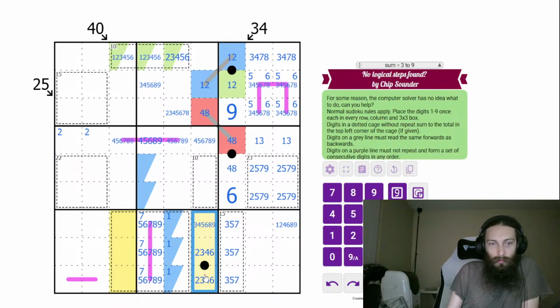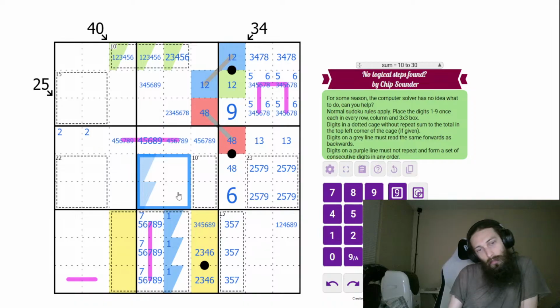Okay. Whatever is in the yellow has to be in this half of the box. And then we have our red 4-8 is in here. Our red 4-8 is here.